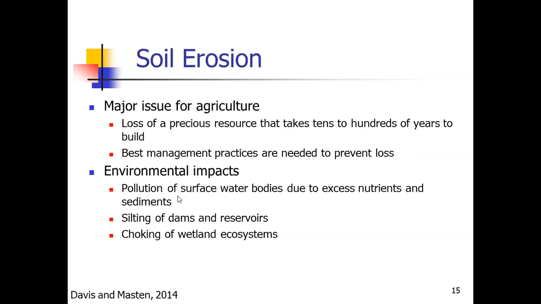So you have pollution of surface water bodies. Let's imagine that there is an area where there is very little vegetation, and due to heavy precipitation, which happens very often in this area, you get excessive rainfall within a short period of time.